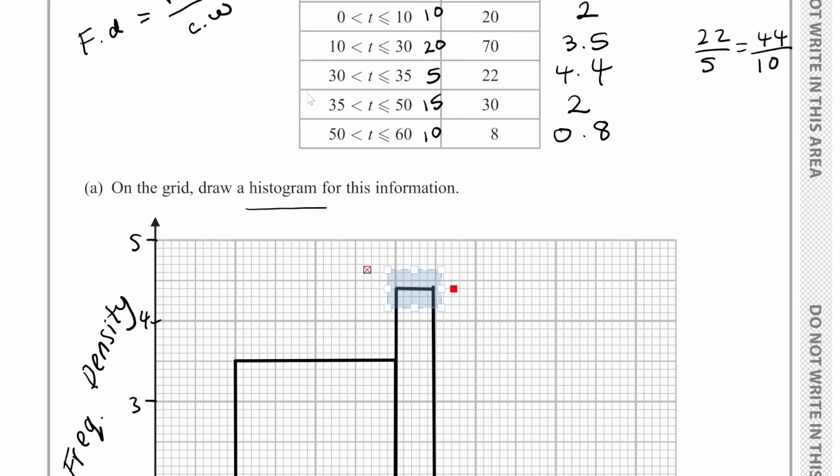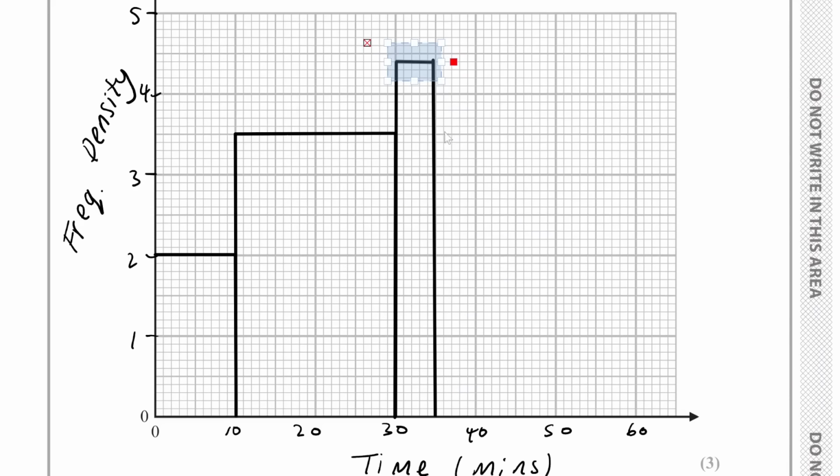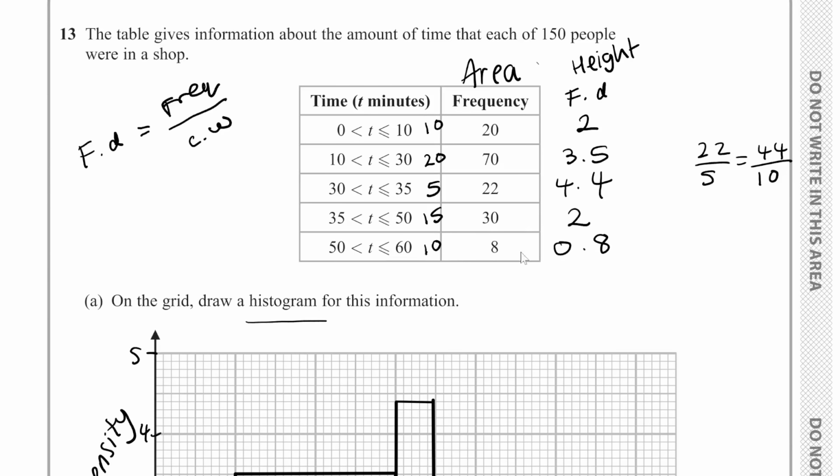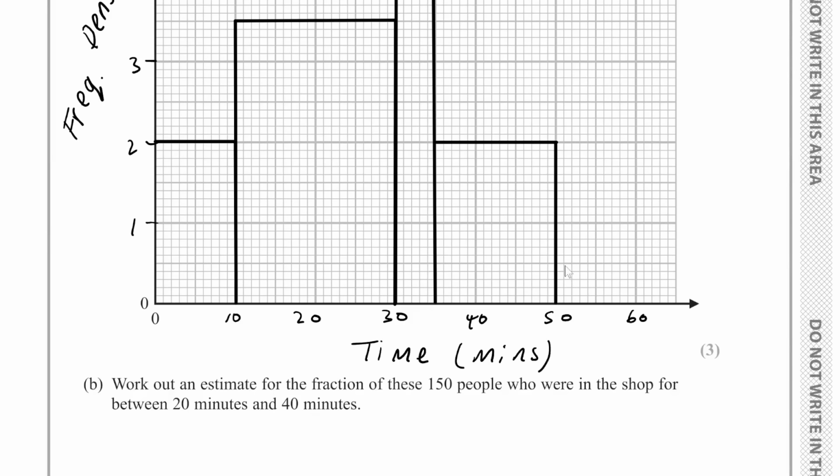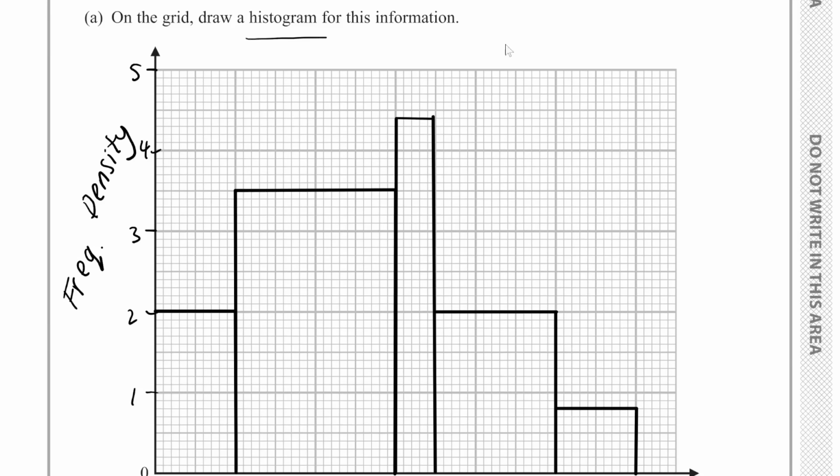And 35 to 50 has a height of 2. Height of 2. And 50 to 60, height of 0.8. So there is our histogram.